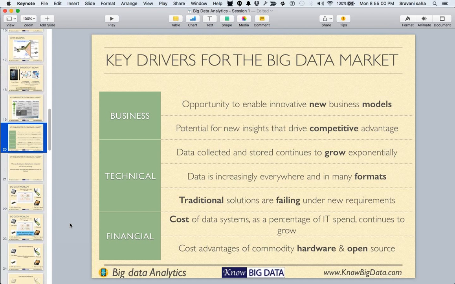Almost every business has realized that without churning data, without storing data, without analyzing data, they cannot grow, and they cannot enable innovative new business models.